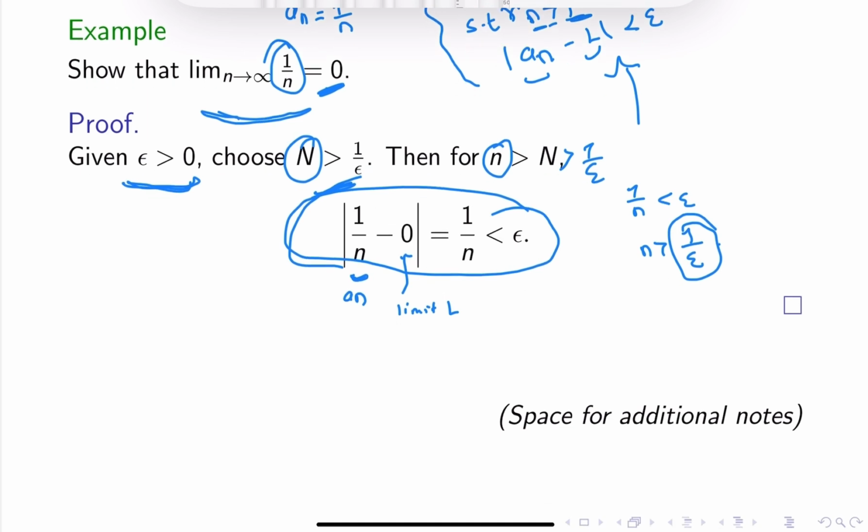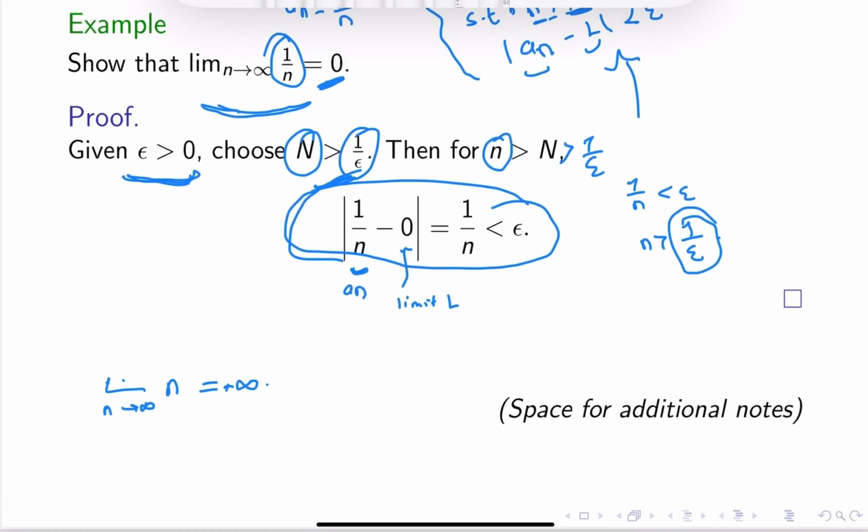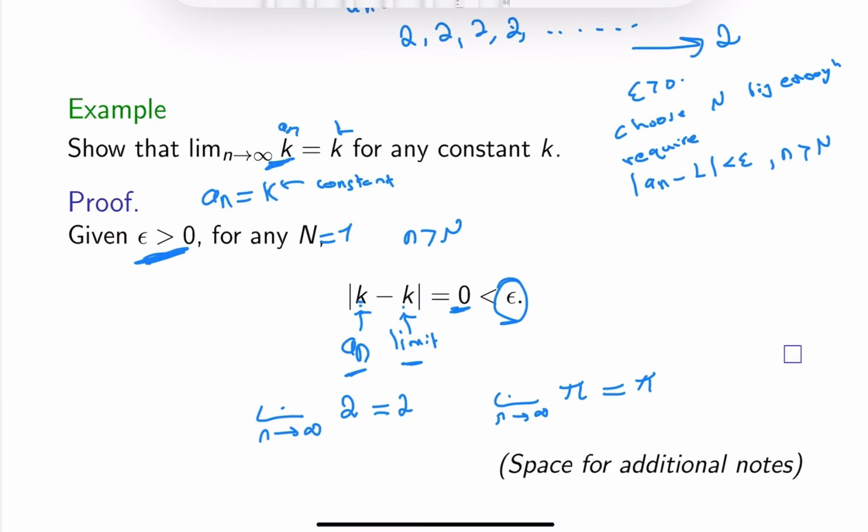And there's one more important example, which is that the limit of n as n tends to infinity is actually infinity, and so this plus infinity, as n tends to plus infinity is plus infinity, and this can be proved using the epsilon definition, which we might come back to later, but we're going to now do a little bit of digression here and start studying other properties of limits. But these are mainly the three important examples that are going to help us build up for other important limits.